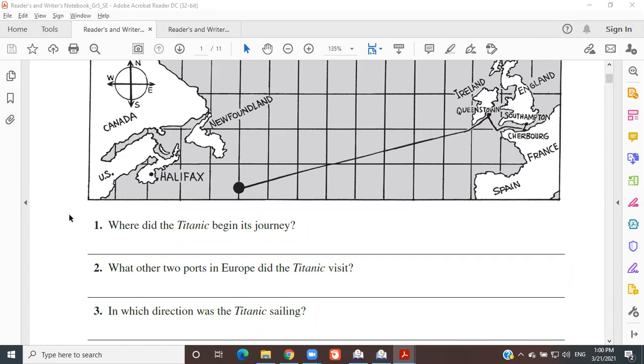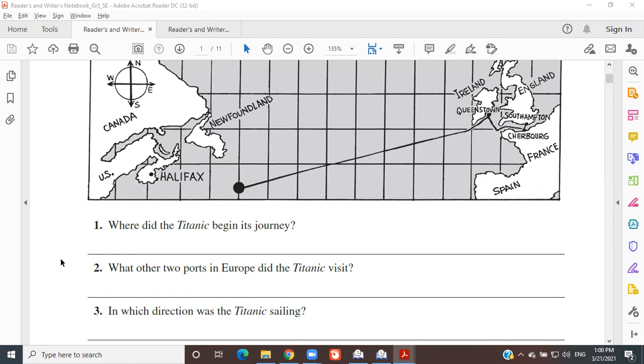Ahmed Habib. Yes, Mister. Ahmed, number 3, please. It went to the direction of the south. South?